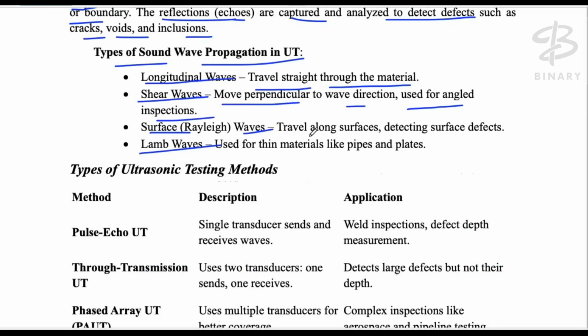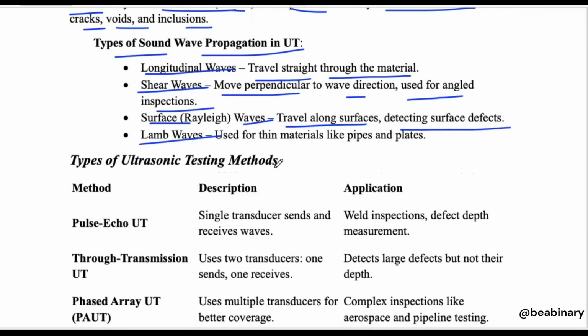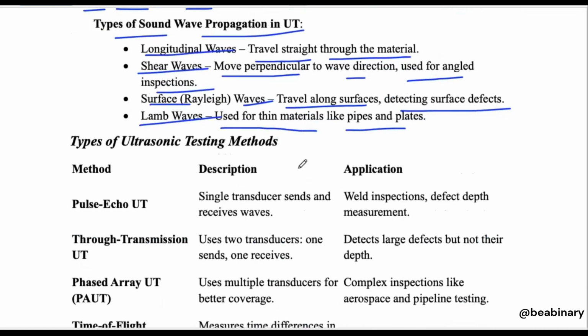Surface waves travel along the surface, detecting surface defects. Lamb waves are used for thin materials like pipes and plates. These are the different types of sound wave propagation that we use in ultrasonic testing.